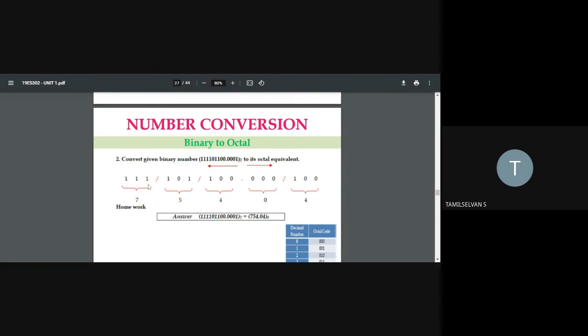So this 111 is 7, 101 is 5, 100 is 4, 000 is 0, 100 is 4. Okay, so 754.04 is the final octal value for the given binary number, 1111011100.